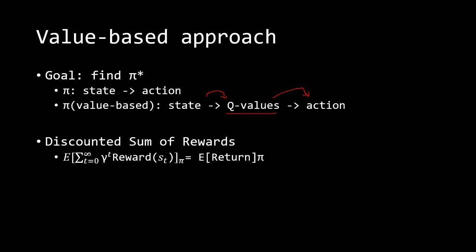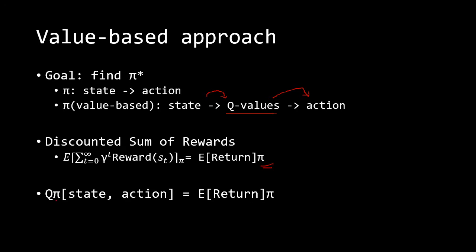What are the Q values? Maybe go back first to the expected sum of reward, which is the expected return that we have. Again, I just want to remind that it's a function of pi, or for a given pi. And then we can define the Q value.